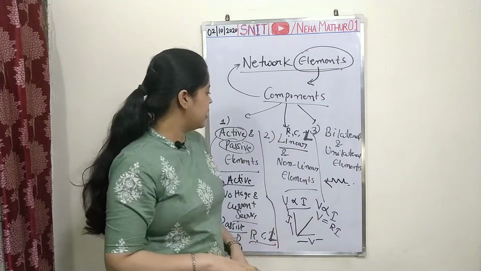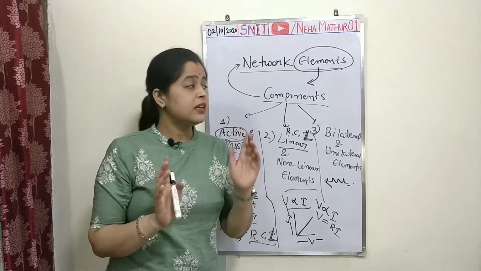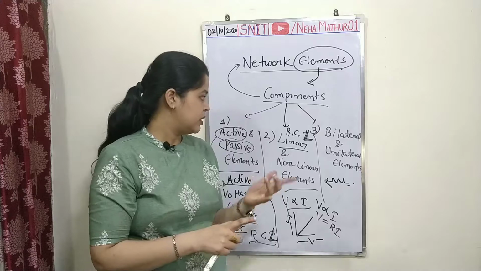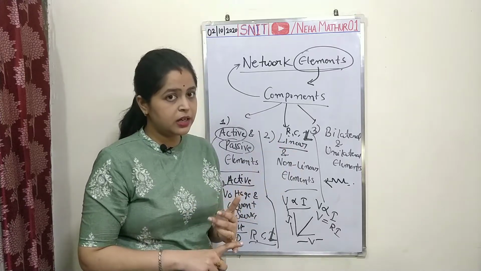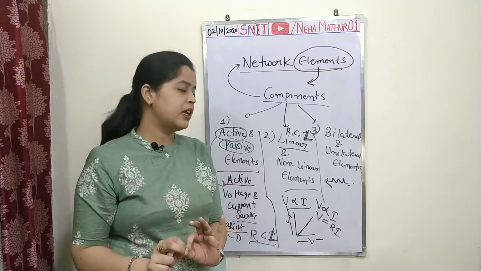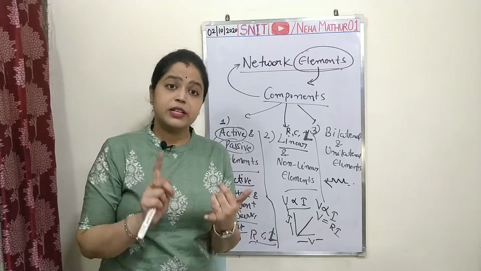Now you can say any network element can be active or passive, linear or non-linear, and bilateral or unilateral. Suppose I am just taking the example of a resistor.